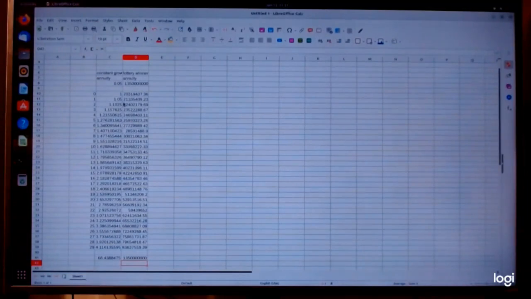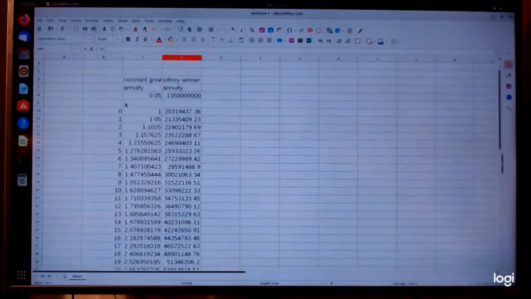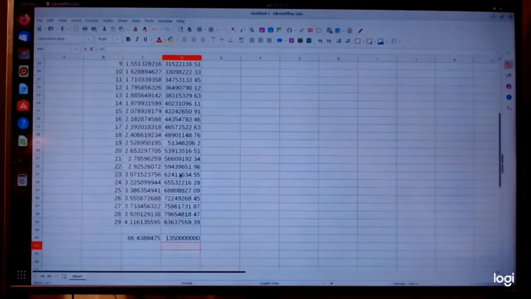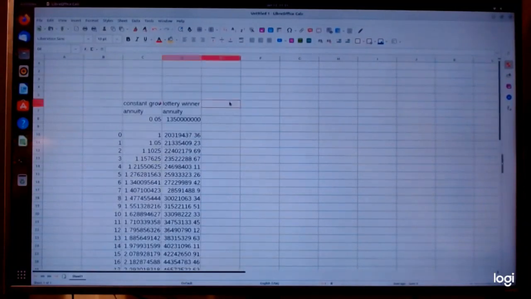So 1.35 billion. Now let's go up here. We also want to look at the federal tax on those payments, and then the net, what the winner gets in net.